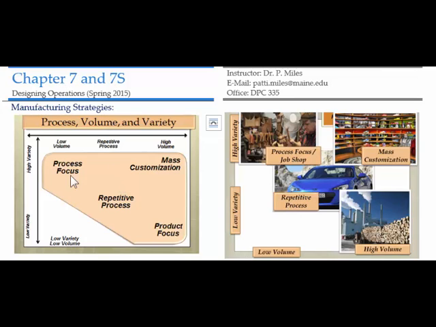That's why up here in this lower left corner we have a lower volume and a higher variety. Those types of manufacturing plants would be things that we often refer to as job shops. They have a process focus in that it is the process that sort of drives what happens inside of the shop. A couple examples we had from class was a tailor that might make a by hand suit.